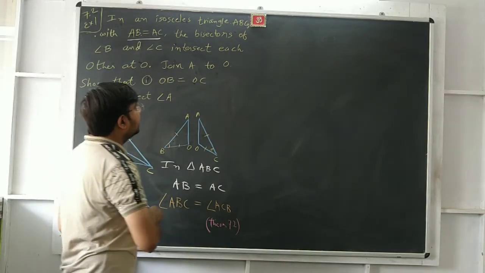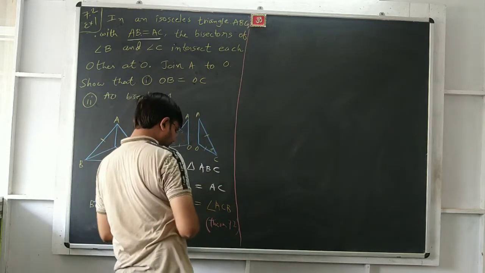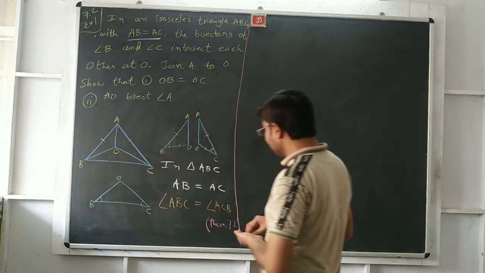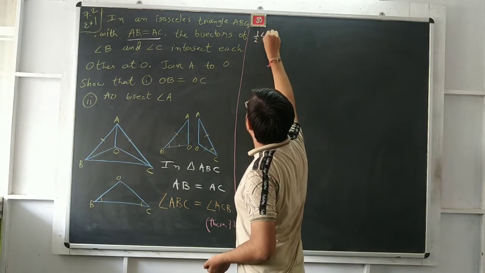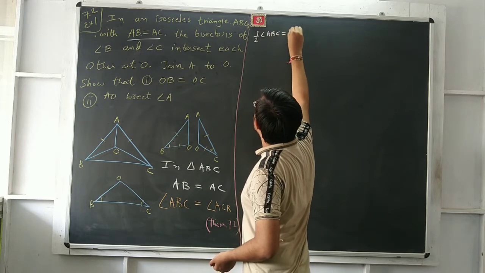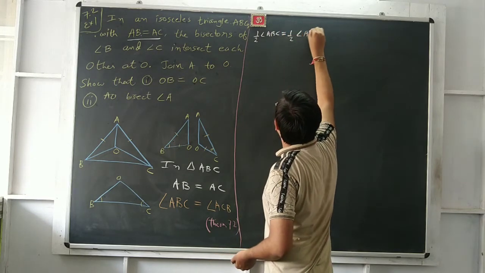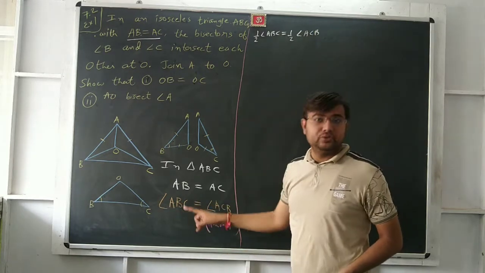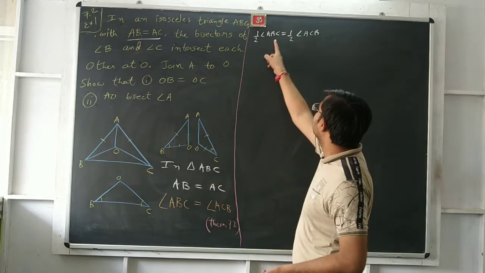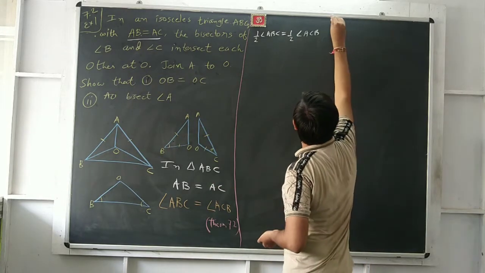Now I multiply both sides by 1 by 2: 1 by 2 angle ABC is equal to 1 by 2 angle ACB. So I am getting this.